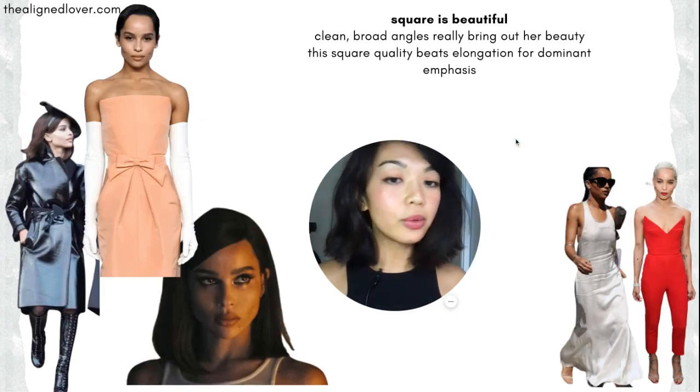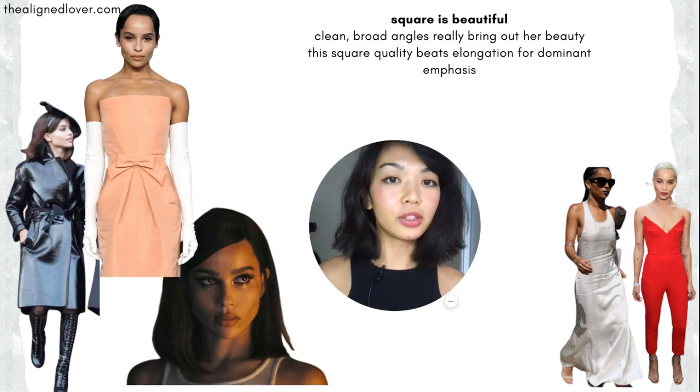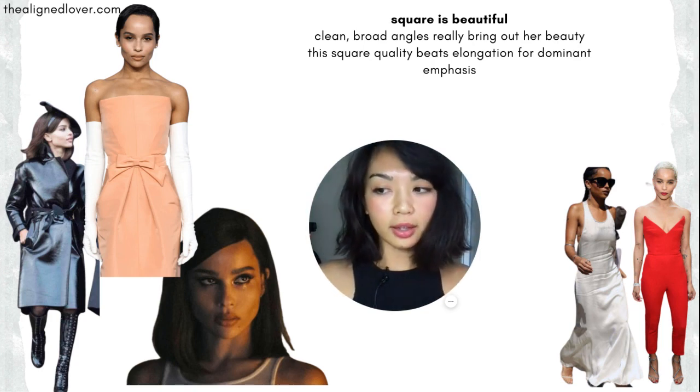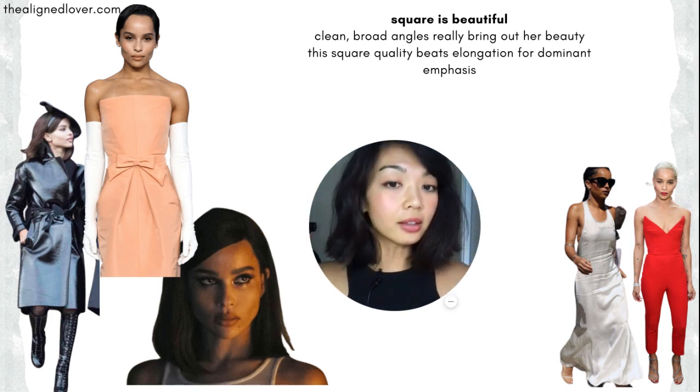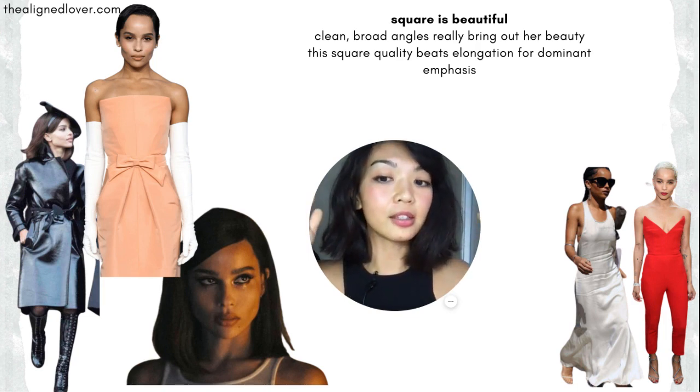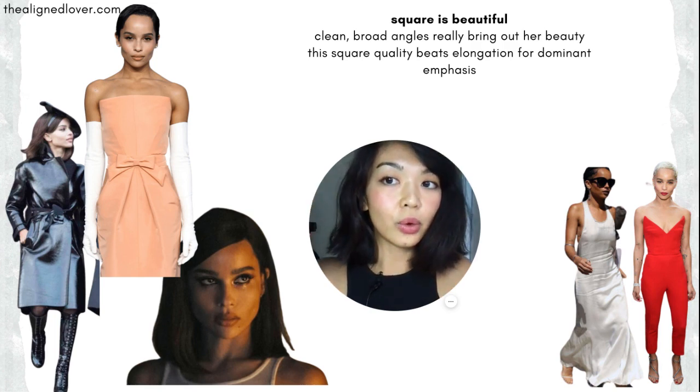And I just want to revisit the idea of squareness being beautiful. I know a lot of the time when people hear square and body, not the best connotation, but squareness can be really beautiful if it's something that is authentic to your body.